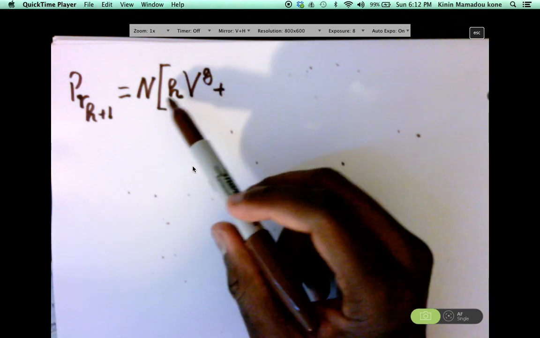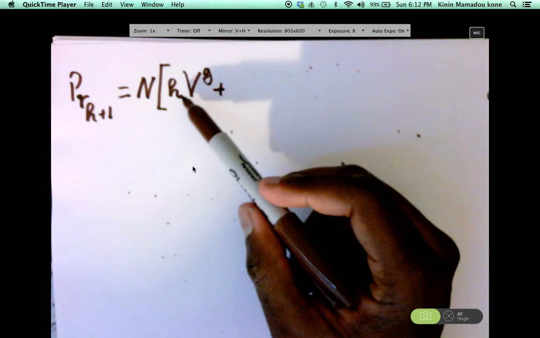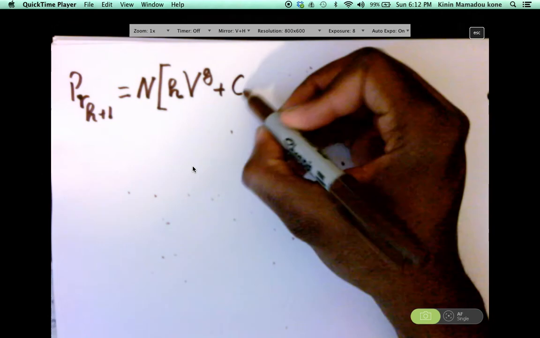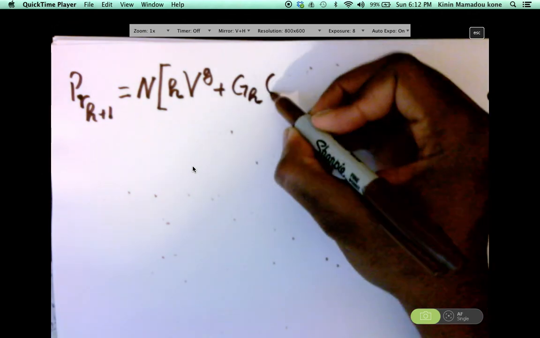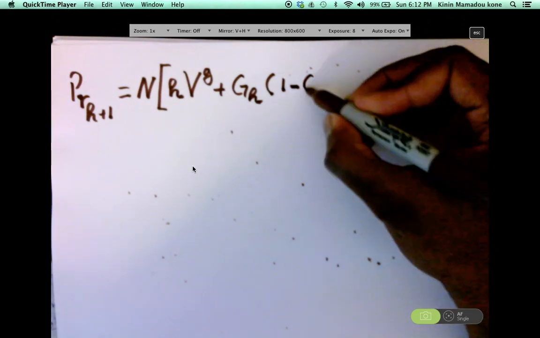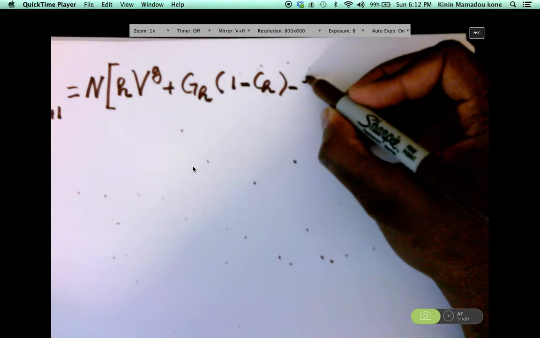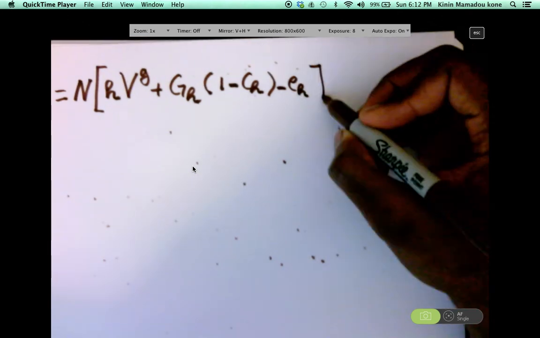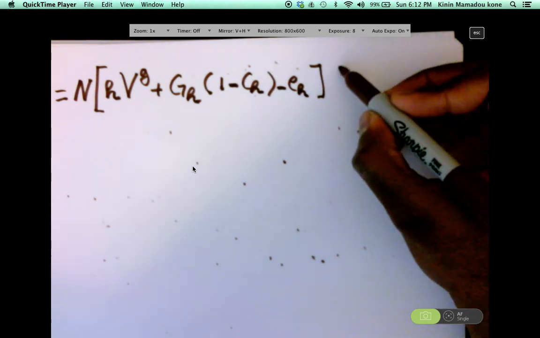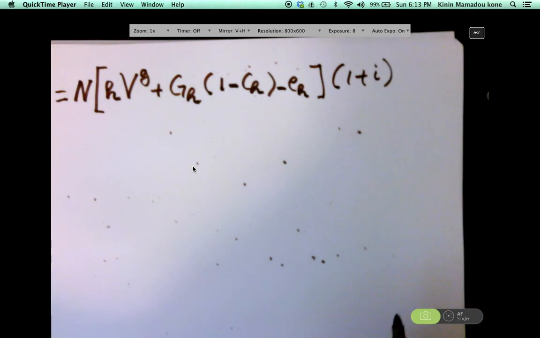So you have N multiplied by the gross premium reserve plus the premium, 1 minus the percentage of premium, minus the per policy expense, and you multiply all of that by the interest rate, making it grow one year from now.